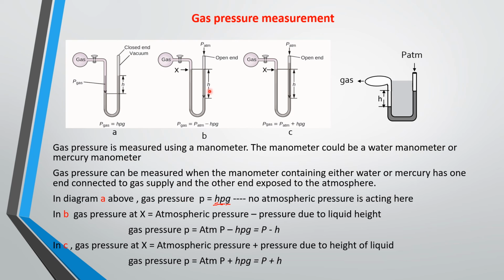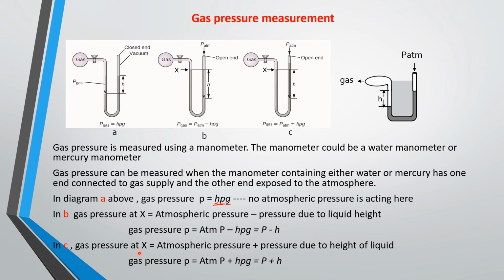Okay, so when you come to this particular diagram B, you see that yes, this end is open to the atmosphere. In this instance, there's some gas still left at this point X, and the effect of the atmosphere, or the difference in height, is at this level.